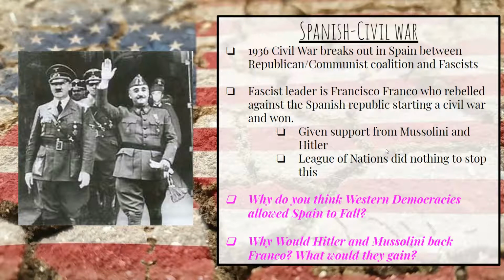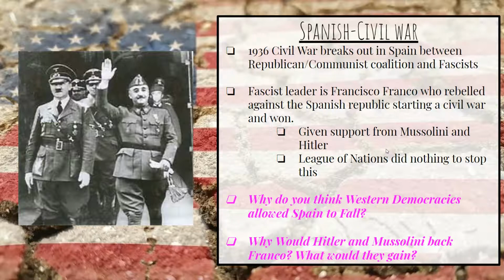So in the Spanish Civil War, the one I just mentioned, okay, in 1936, the civil war breaks out in Spain between the Republican/Communist coalition and fascists. So the fascist leader is Francisco Franco, who rebelled against the Spanish Republic, starting a civil war. So Franco is trying to become the new leader. He's trying to implement communism.